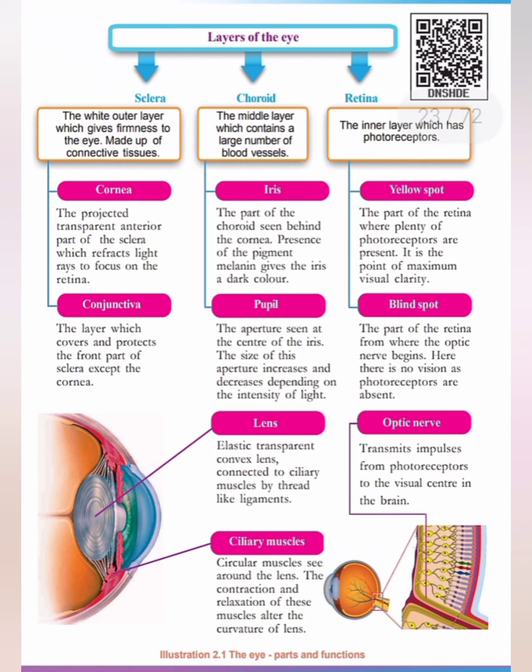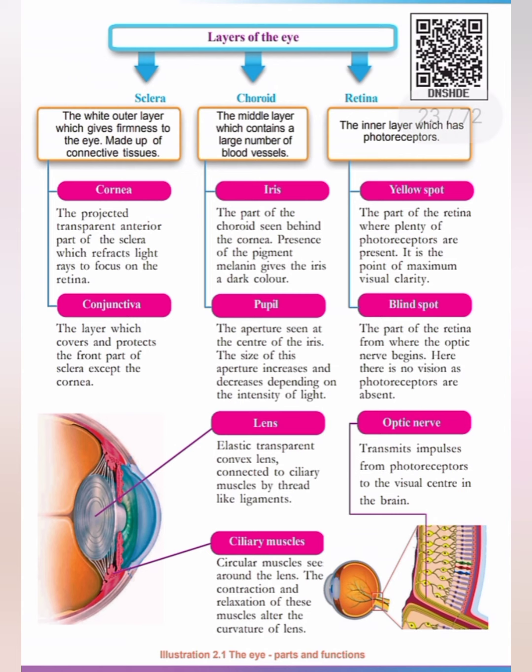We can see the object at its maximum visual clarity. Why can we see an object with maximum visual clarity? Because it is the part of the retina where plenty of photoreceptors are present. In the retina, there is a point called the blind spot.